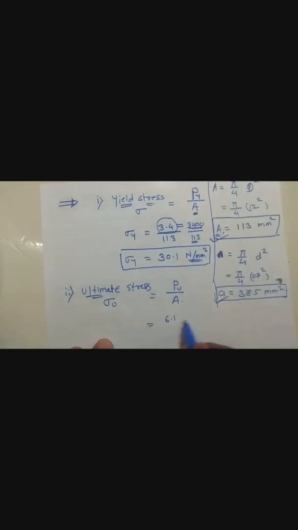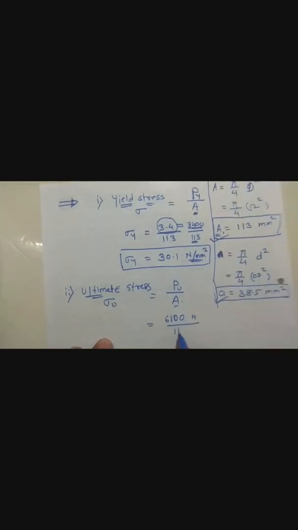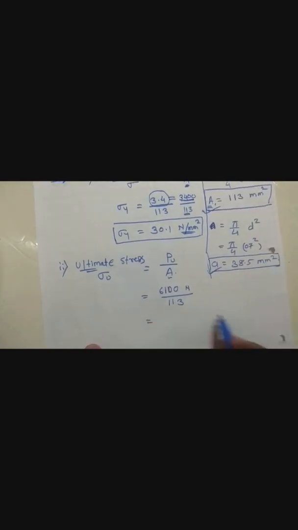This is kilonewton, but we have to use Newton. So 6100 Newton divided by area, this one, 113 mm square, and the final answer of ultimate stress is 54 Newton per mm square, sigma of u.